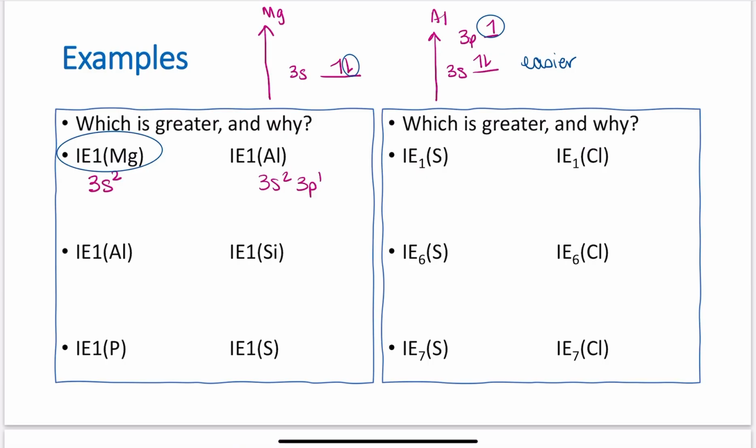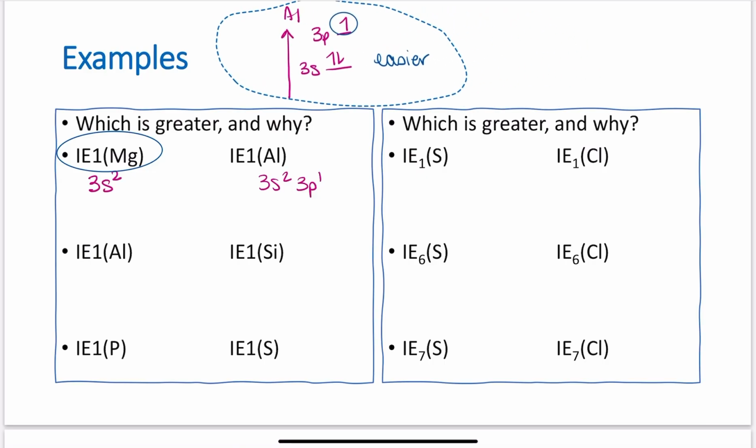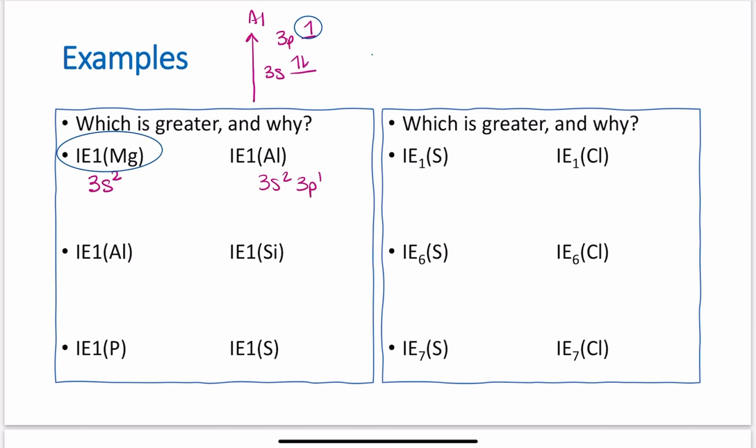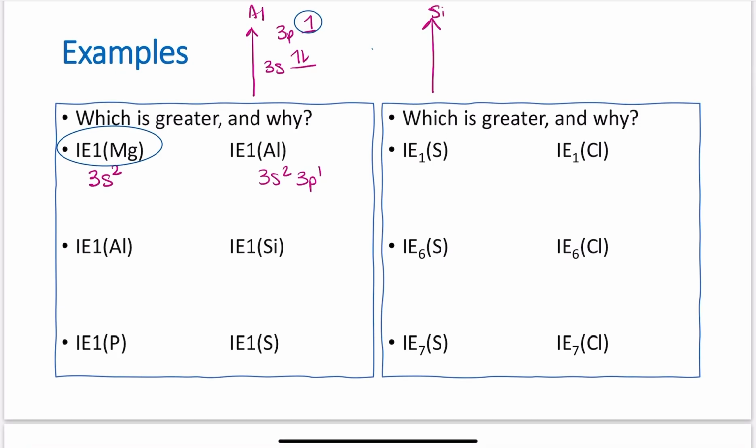What about the first ionization energy of aluminum versus the first ionization energy of silicon? So again, aluminum is 3s2, 3p1, and silicon is 3s2, 3p2. When I look at pulling the one electron out of aluminum versus the one out of silicon, there are a couple ways to think about it.